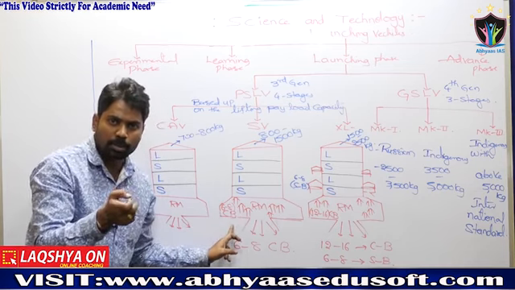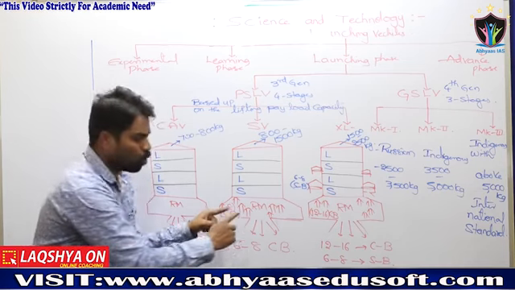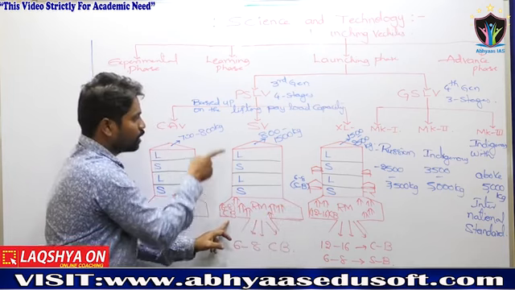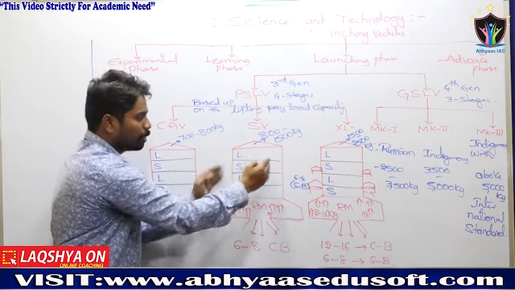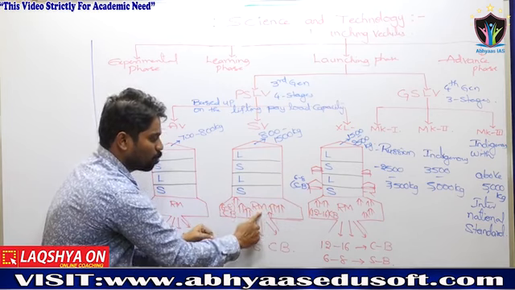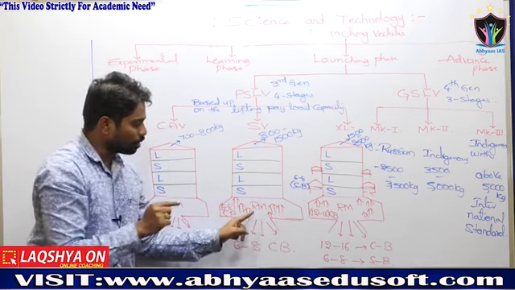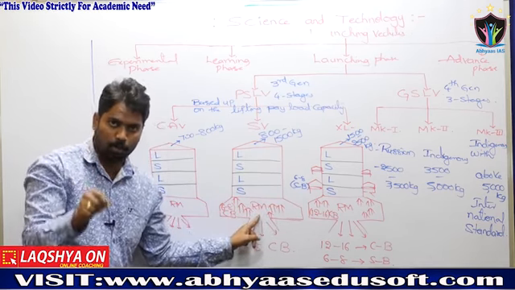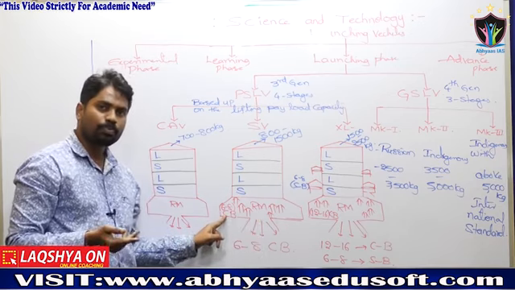The core boosters are nothing but the boosters we keep in the core part. It is the payload part, it is the propellant part, cylindrical. In this rocket motor, it is the core part. If we keep the boosters in the core part, then we'll say core boosters.